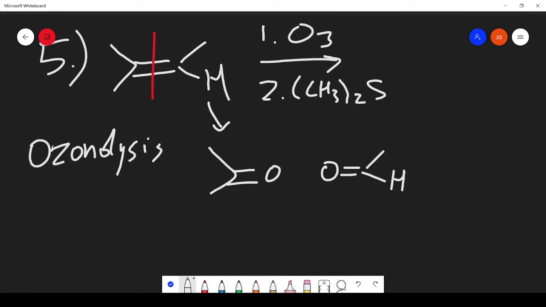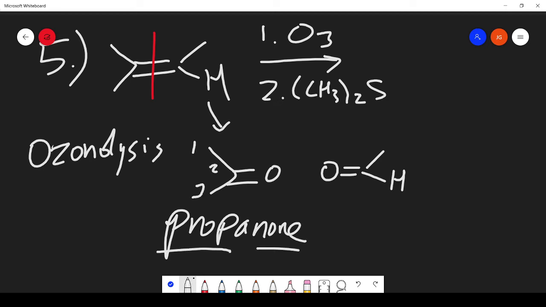And if you want to practice naming them, you can pause the video and practice naming them. This will be propanone. Remember, one means ketone, so 1, 2, 3. This is propanone. And over here, this is ethanal. Remember, suffix al means an aldehyde.